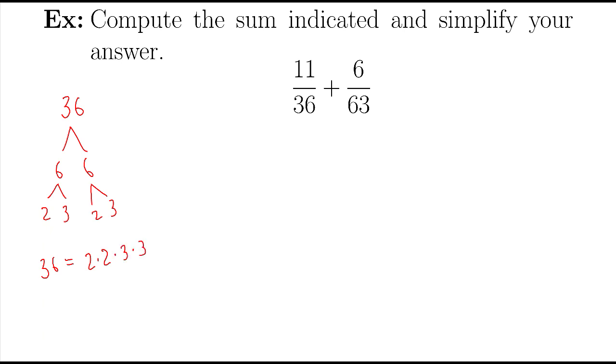Now let's deal with 63. 63 is 3 times 21. 21 is 3 times 7. So 3 times 3 times 7 is 63. Let me point out something real quick.